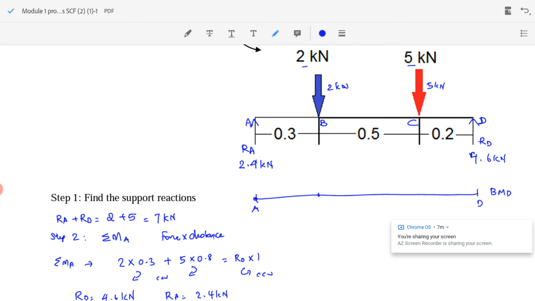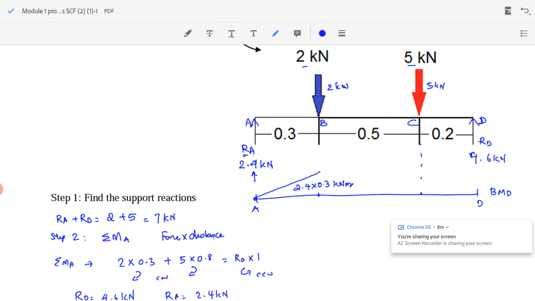Now we have to find the bending moment at points B and C. Bending moment at point B. To find the bending moment, it is an important step: find the force to the left of point B. To the left of point B, there is only one force, that is RA equal to 2.4 kilonewton, and since it is acting upwards, its bending moment will be positive. So bending moment at B will be equal to 2.4 kilonewton multiplied by 0.3, that much kilonewton meter.